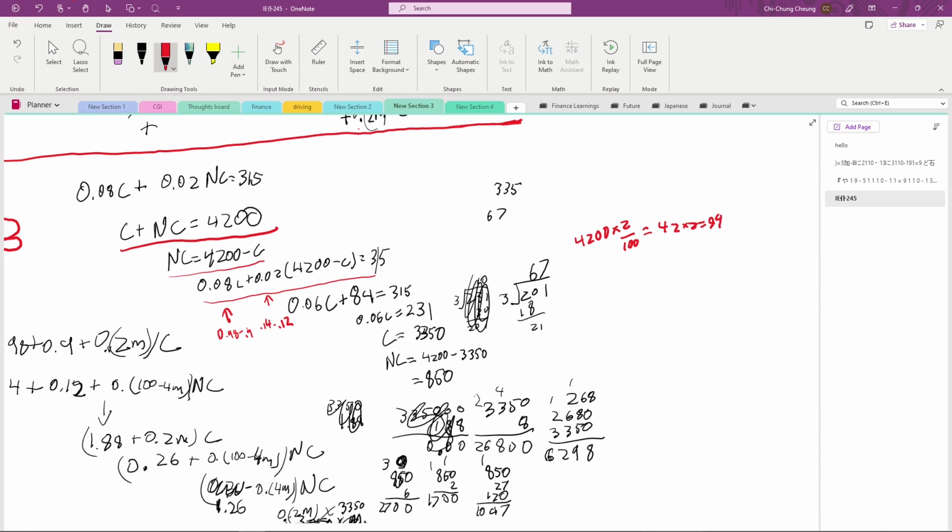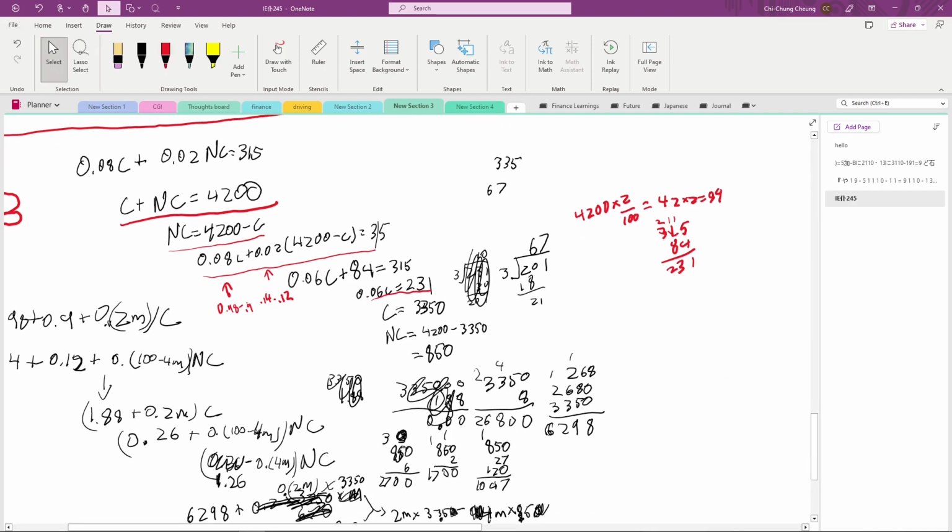Okay, and then 315 minus 84, this is 1, and then this is 231, because this is 11, and this is 2. 11 minus 8 is 3. So we get this.